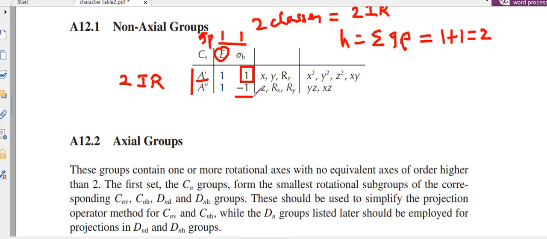When it is anti-symmetric, you find a double dash. So we have to look at sigma h, and if it is symmetric, positive, a dash. Dash is the superscript. If you find it as minus 1, then a double dash. Double dash is the superscript.